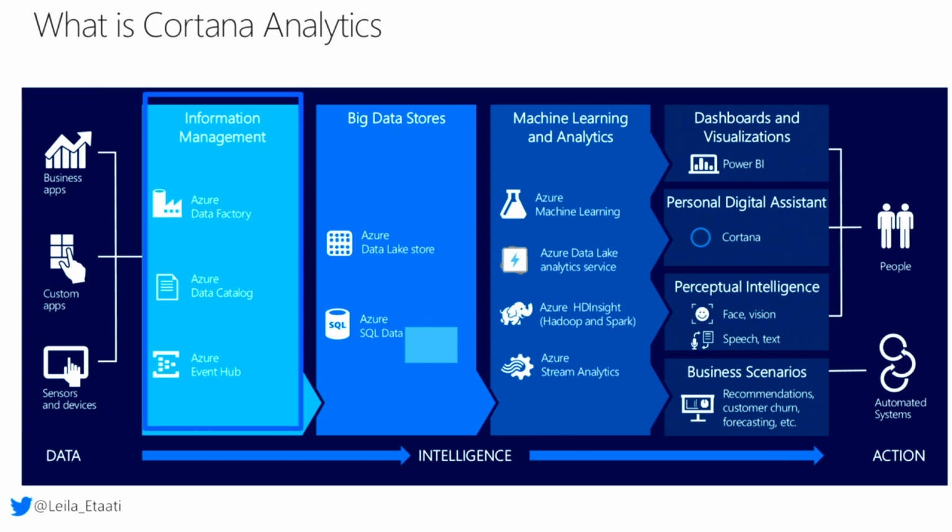The second step is information management. That means how you are going to collect the data. For example, for getting data from sensors, we have Azure Event Hub or IoT Hub. Both of them can be used to get data from devices like sensors.